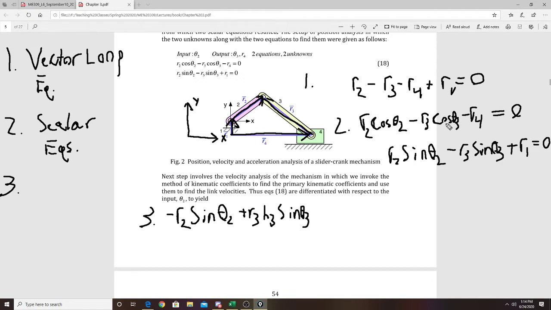So for things like this, you do the derivative of whatever's on the outside, so you do the derivative of cosine, and then you multiply it by the derivative of the inside. And the derivative of the inside would have been d theta 3 d theta 2, if you write it out. And we've already made it known that that right there is substituted for h3, right?